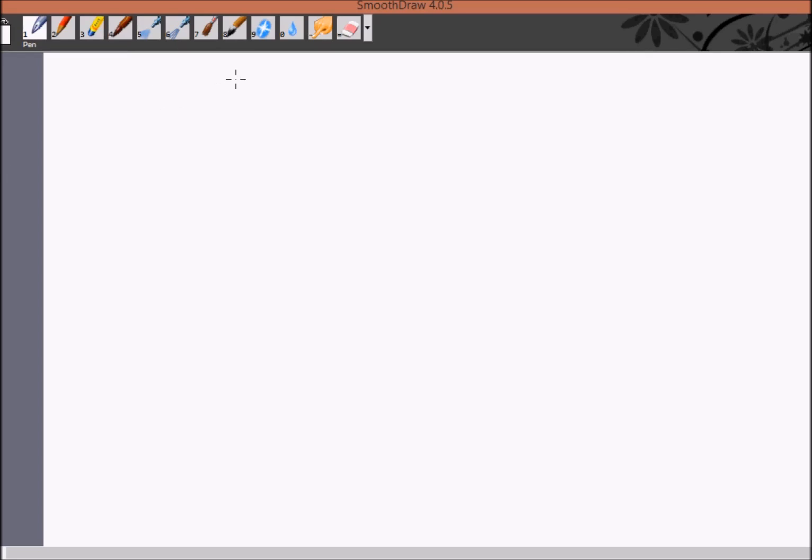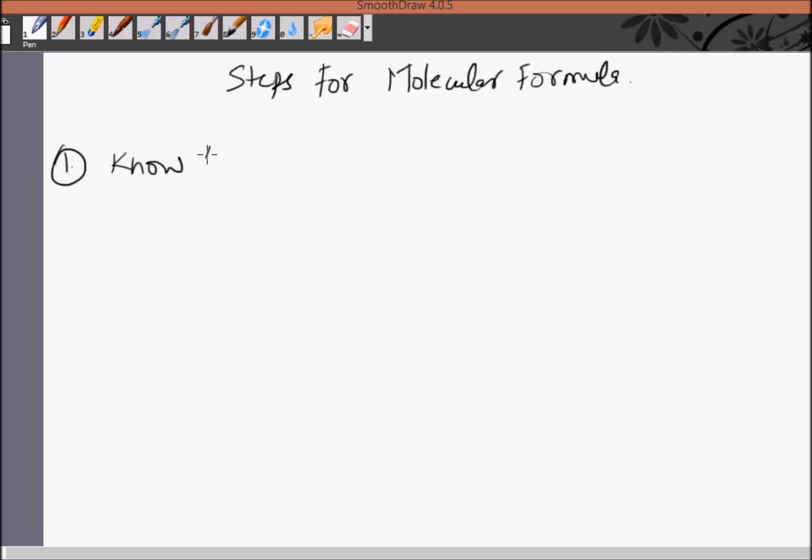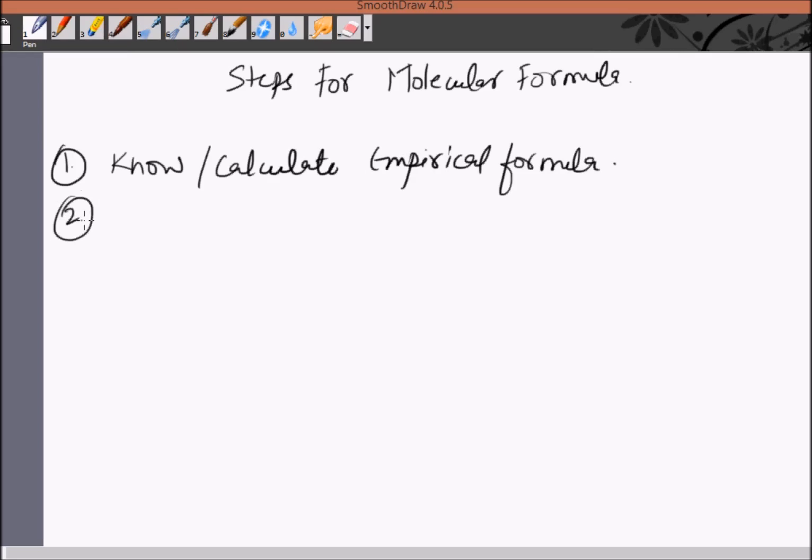Let's write down the steps for molecular formula. First, we should know or calculate the empirical formula. Second, we should calculate or know the molecular mass.